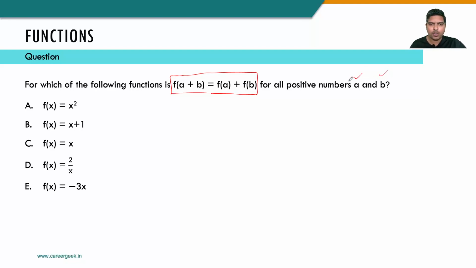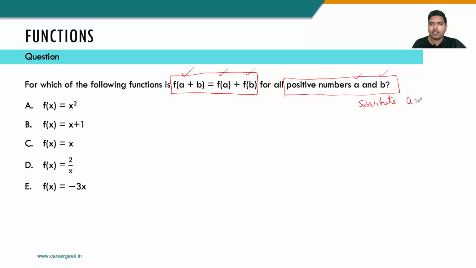So there are two ways of solving this: for each and every option I find f of a plus b, f of a and f of b, and add them in terms of a and b. Or they said these are positive numbers, so I might substitute and check, because this should be satisfying for all positive numbers a and b.